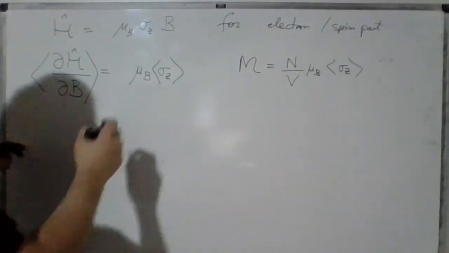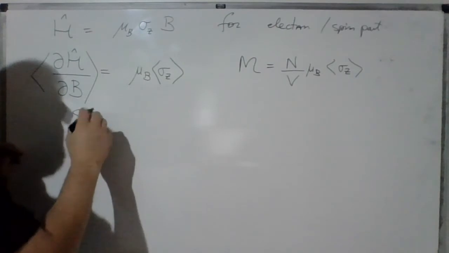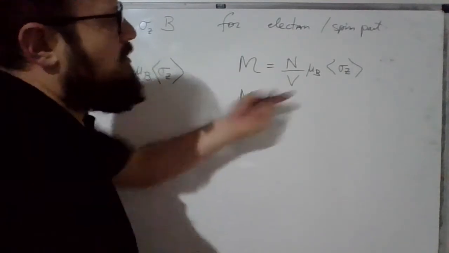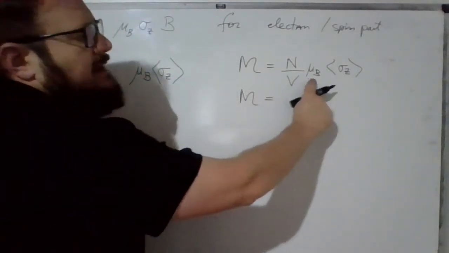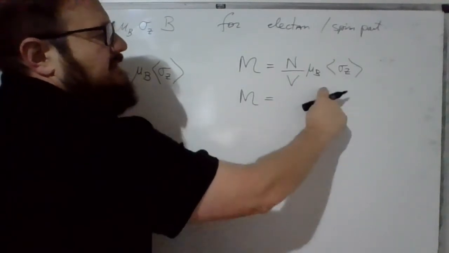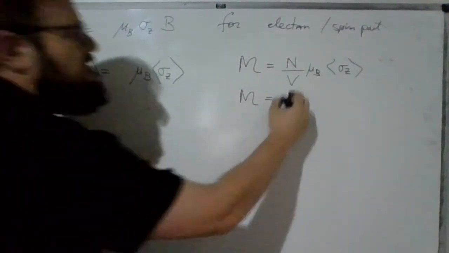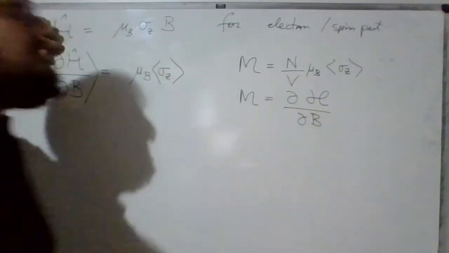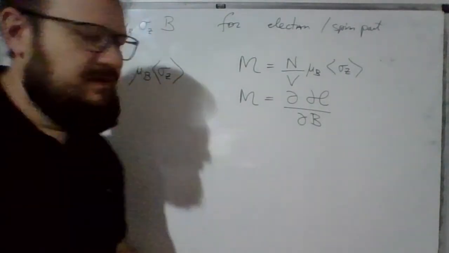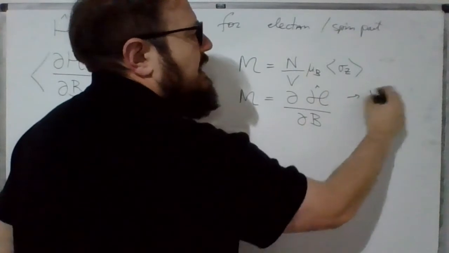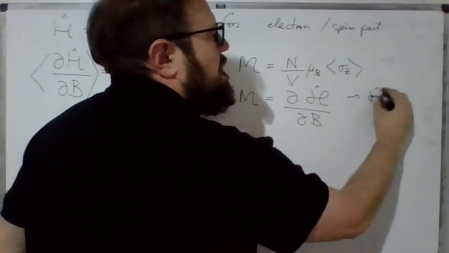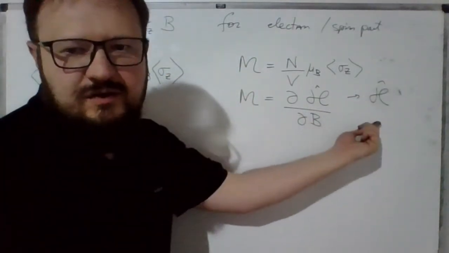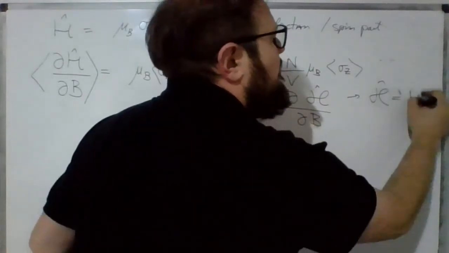Of course, if you use a second quantized Hamiltonian, you can use this aspect to demonstrate that the Bohr magneton times this object divided by the volume corresponds to the derivative of a Hamiltonian density with respect to the magnetic field. This produces magnetization. This H is the Hamiltonian, divided by volume.